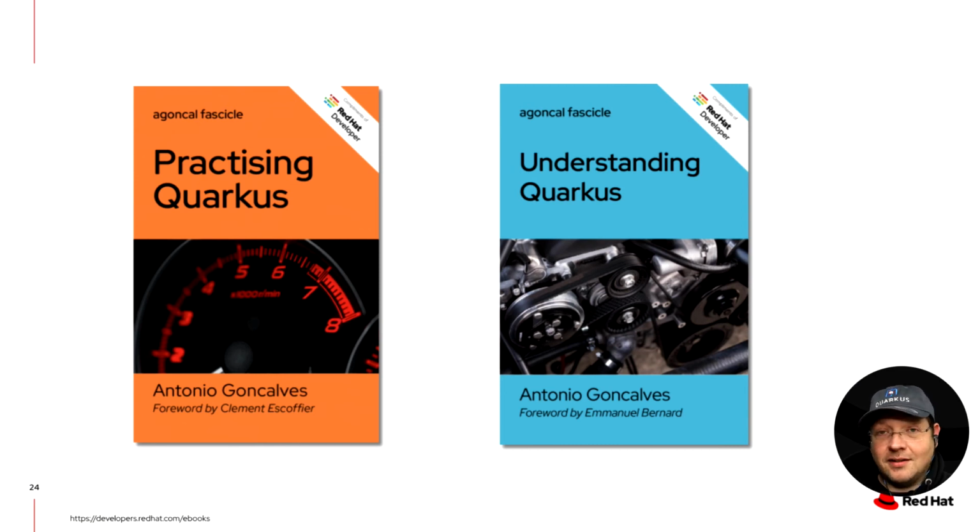Both, as I said, available for free, written by Antonio. And I can only say, if you want to get started with Quarkus and you haven't looked through these books, that is definitely a mistake. So feel free to go to developers.redhat.com/ebooks and download both. There's actually even more buried under that URL, but you can absolutely find that.